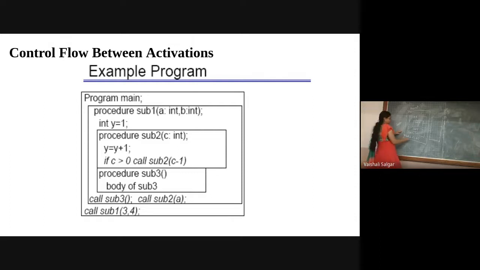So when this particular sub 1 is called, tell me what I have to push on my stack. When my main program starts execution, from the main program I am giving a call to sub 1. Right? So I have to put the main program over here on my stack, and there is a call to sub 1.